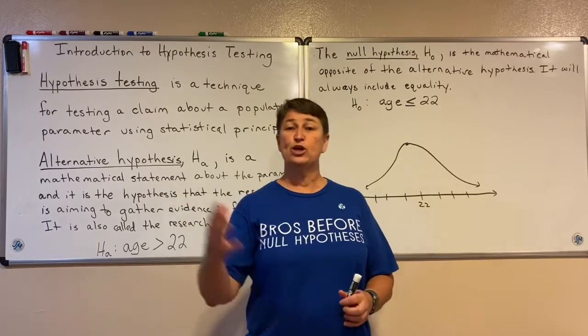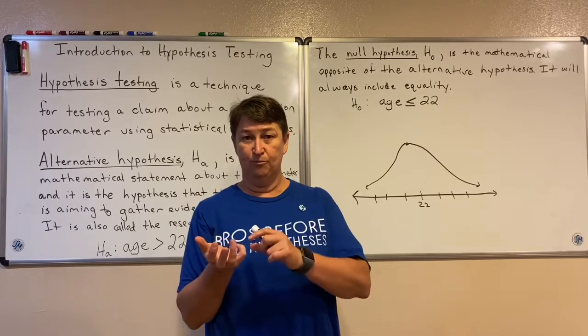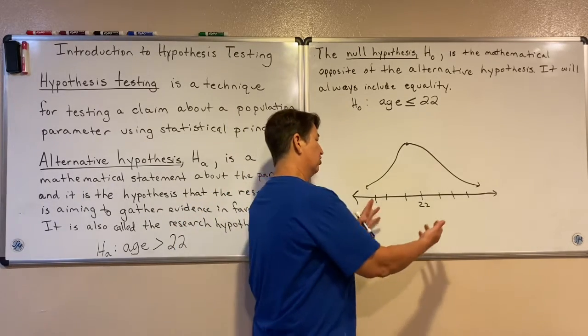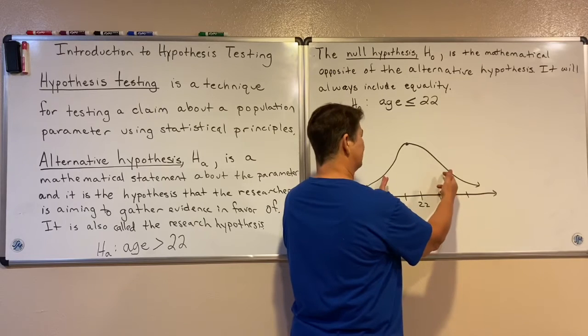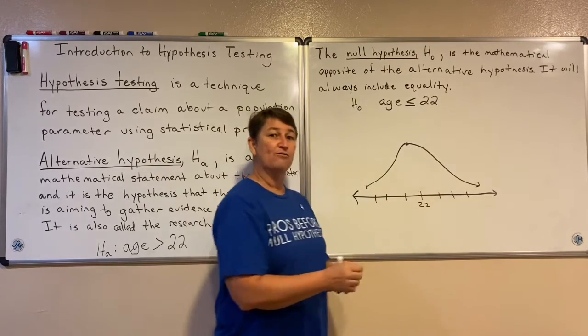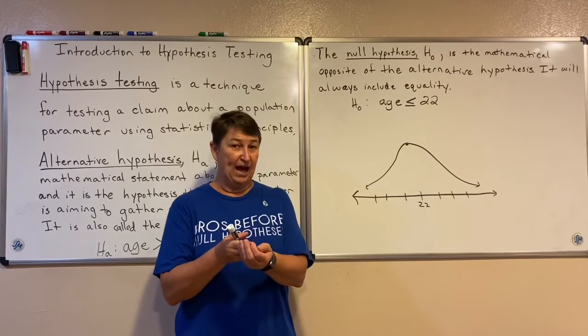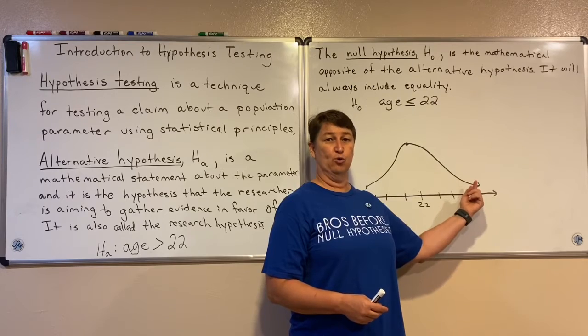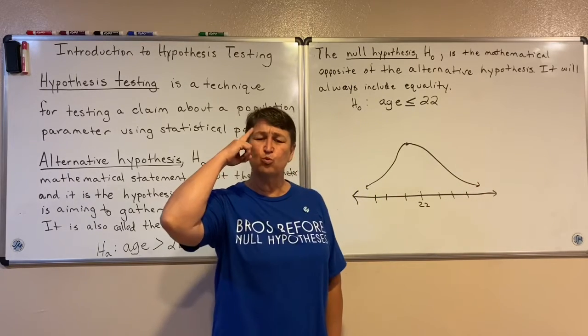So if we go out and collect the sample now, and we find that sample mean, we know that 95% of the time my sample mean should fall within 2 standard deviations. Well, if I get some sample mean that's greater than that, out here somewhere, now I'm going to think that's weird.